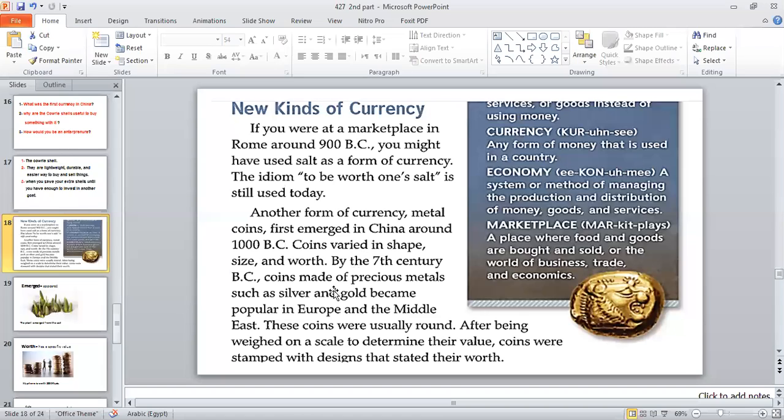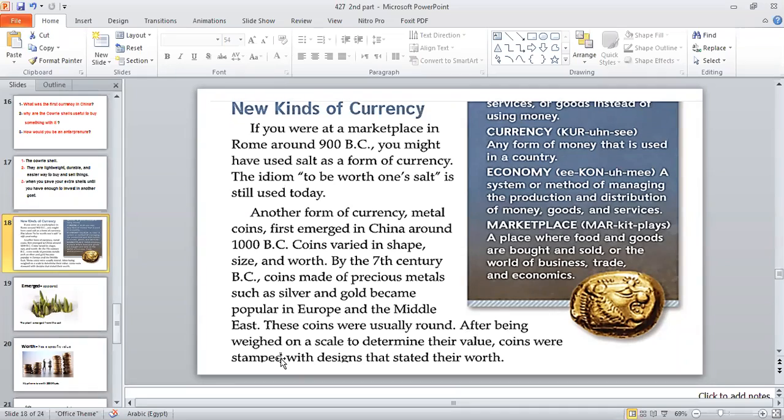Okay, you can complete. Varied in size and worth. By the 7th century BC, coins made of precious metal such as silver and gold became popular in Europe and the Middle East. These coins were usually round.